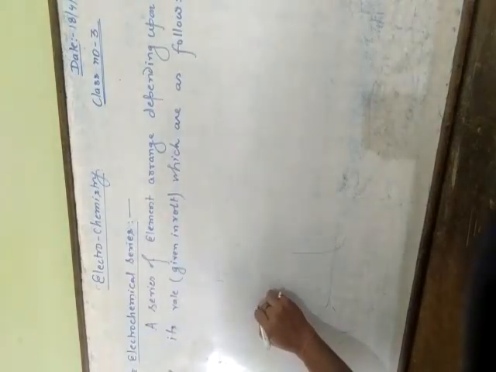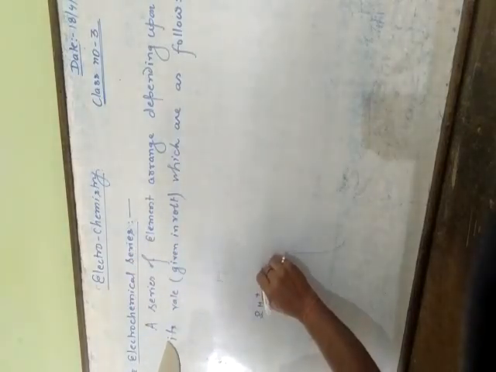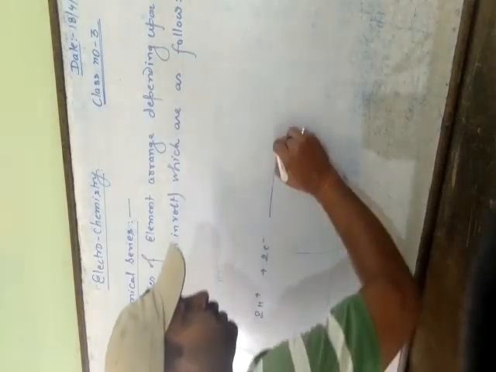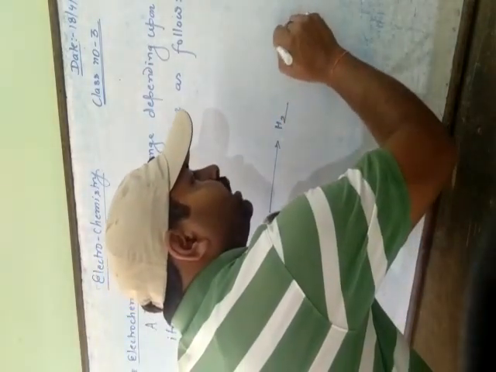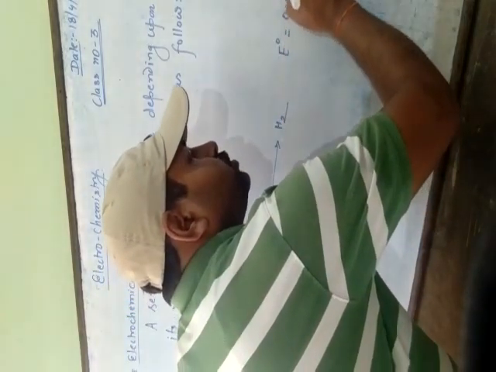Students, in your NCERT book, in the electrochemical series, at the middle, 2H+ plus 2 electrons gives H2, given in bold letters, and its value is 0.00 volt.